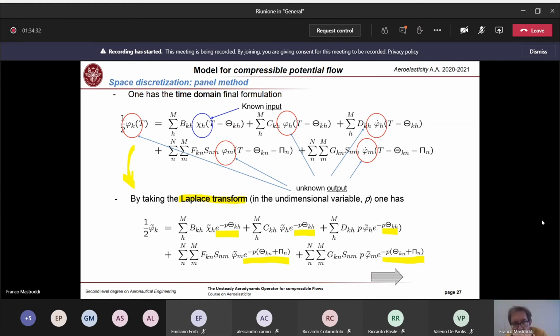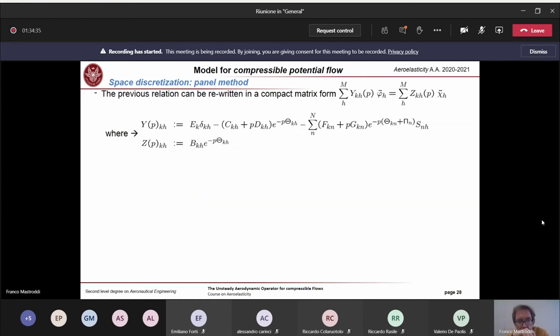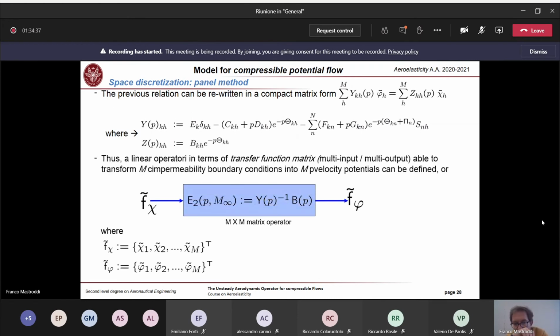As final formula, we have our E2 operator right here. We have a Y matrix here depending on p, the Laplace variable, and we have a known matrix again depending on p. In this case, note that also zeta is depending on p for compressibility. And our final E2 matrix is the matrix transforming the normal wash vector into the potential vector.